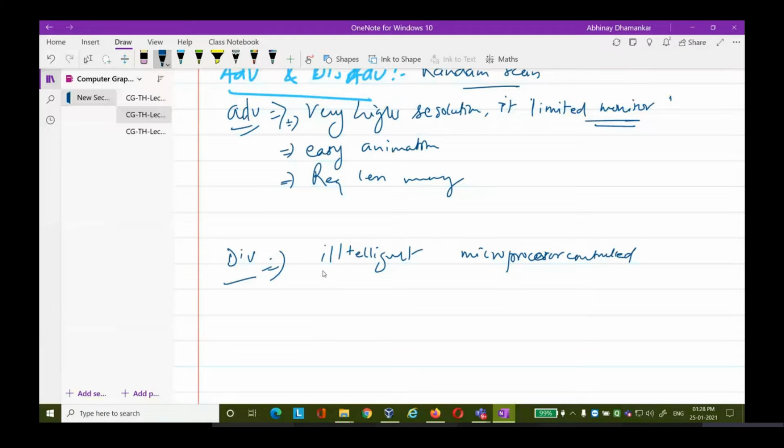This is a kind of disadvantage because definitely if you use an intelligent beam, it adds cost. So that's why it was very expensive to purchase at that time. So we don't want an intelligent beam. That's why there are some advantages, some high graphics, and there they used it.